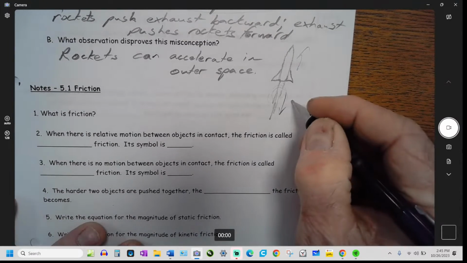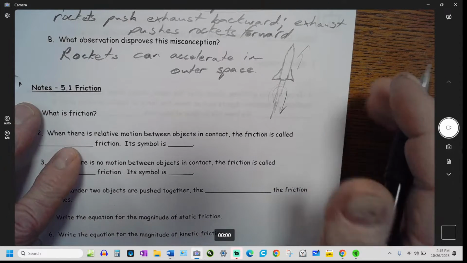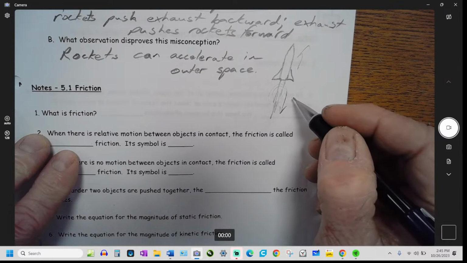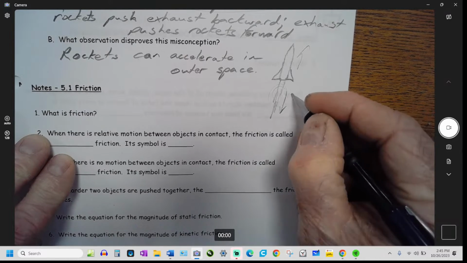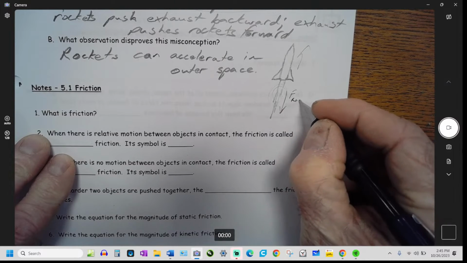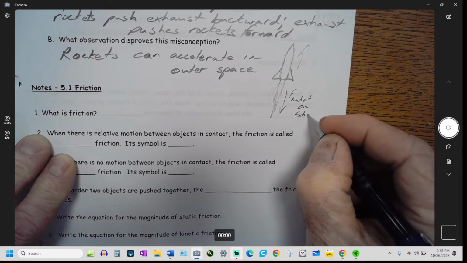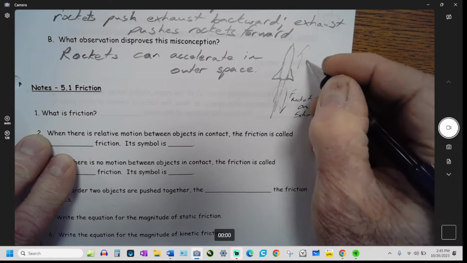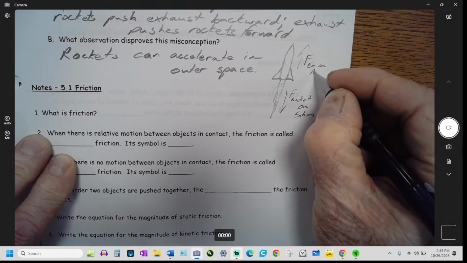So here's this, okay, so let me draw these three. This is a very good question. Wait, isn't that the same as this? Yes, this is the swimmer thing. Oh, okay. So this is the force of the rocket on the exhaust, and this is the force of the exhaust on the rocket.